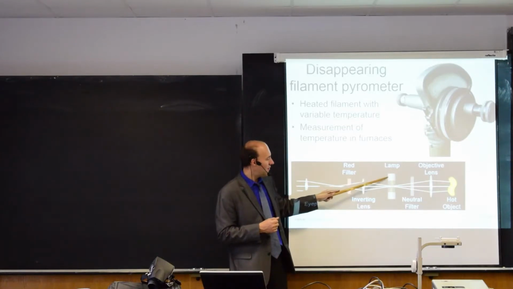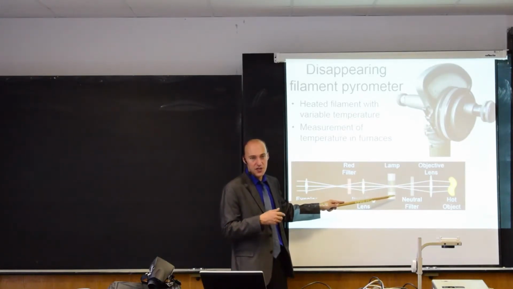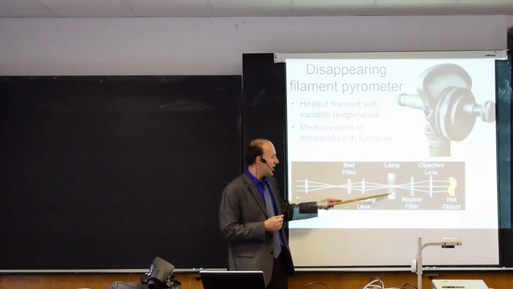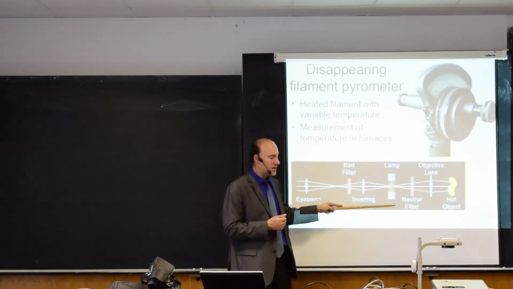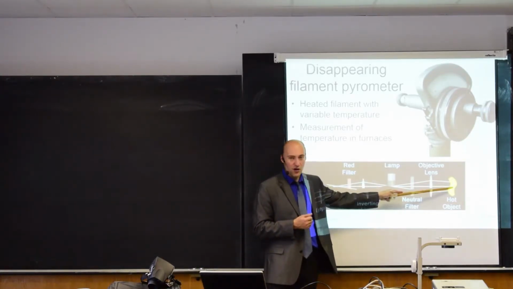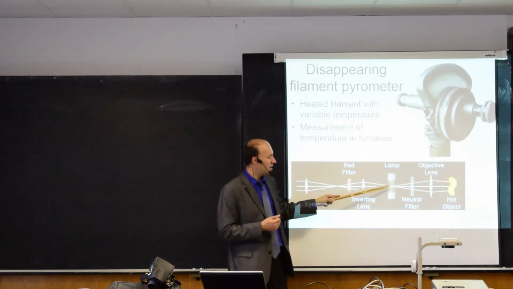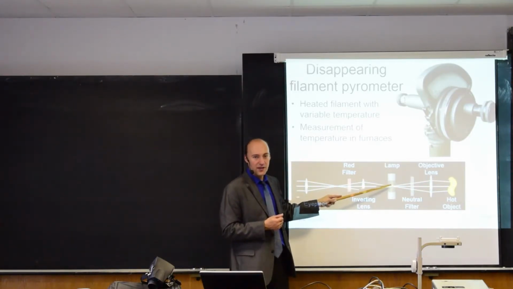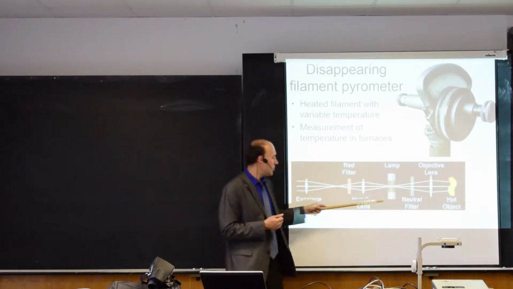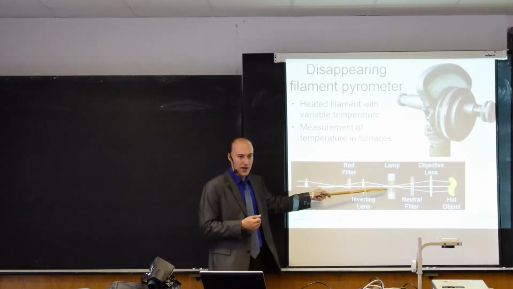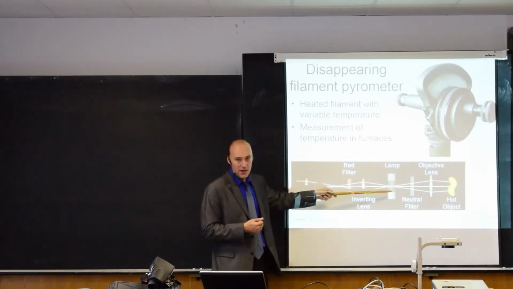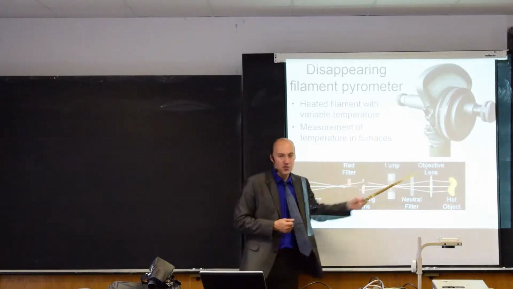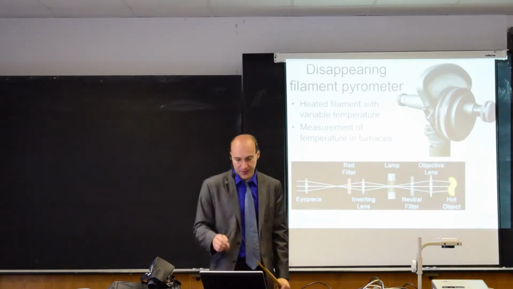And then we have a lamp, and in this lamp there is a filament. So it's like a bulb. And we compare the brightness from the object with the brightness of the filament in the bulb. We look with our eye and compare the brightness here and the brightness over there.